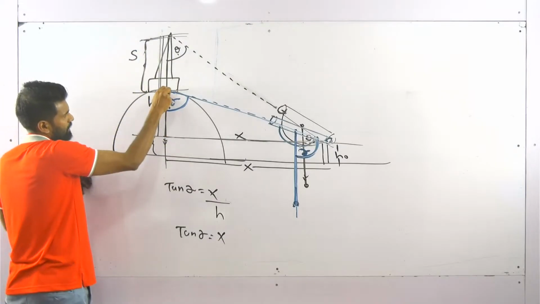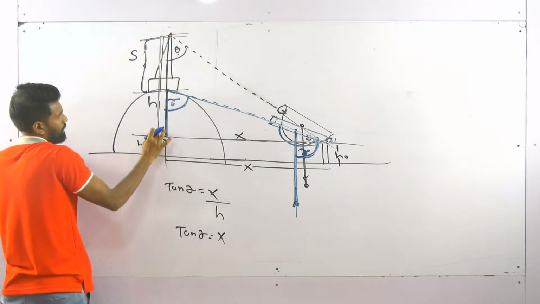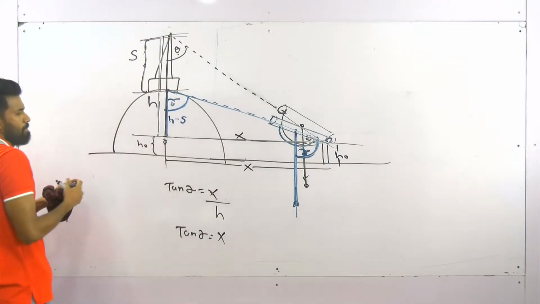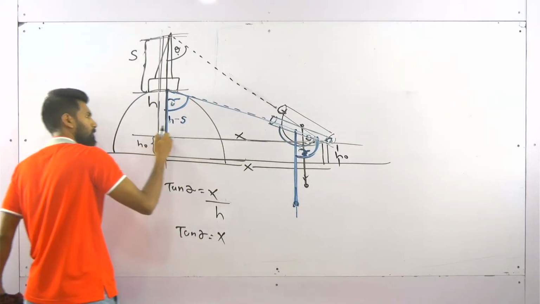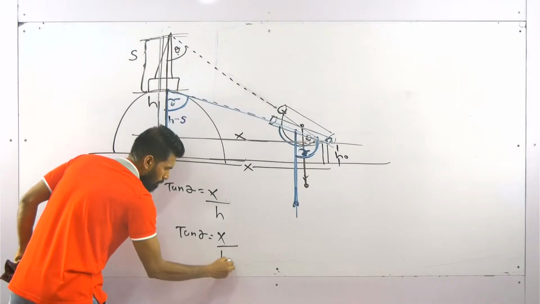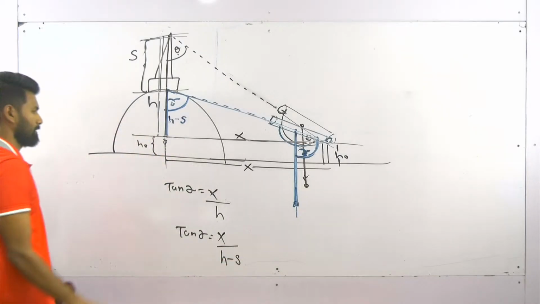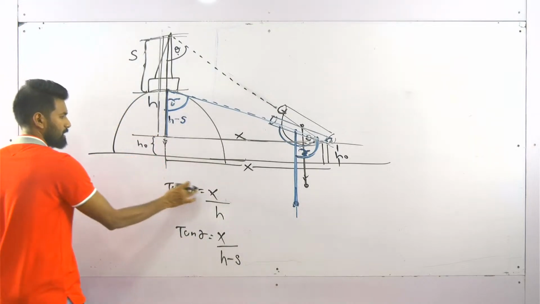So what is this height? This height, h, this part s, h minus s. Tan gamma, opposite leg x, adjacent leg h minus s.